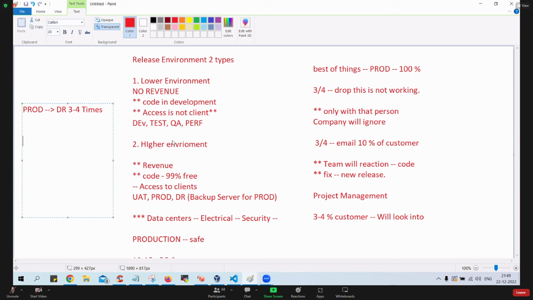It writes to the common database because DR will read from the database, and prod also reads from the database. Got it now, Sanjay? So prod and DR both read from a common database only. So don't expect that prod will have a different database and DR will have a different database. They will read from the common database.